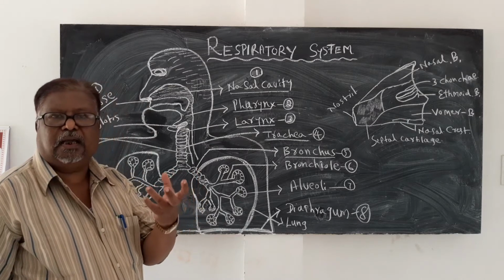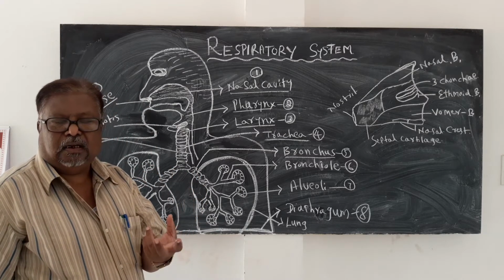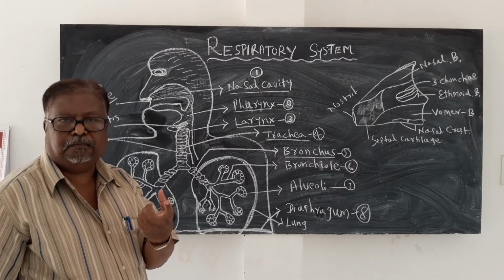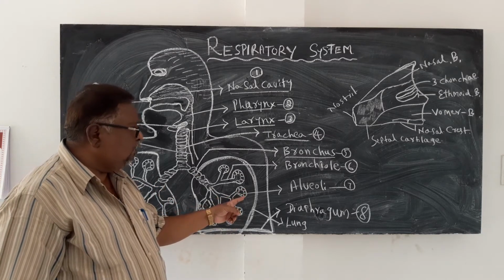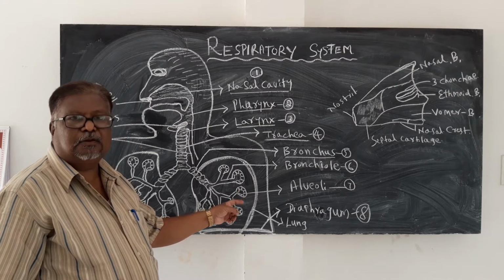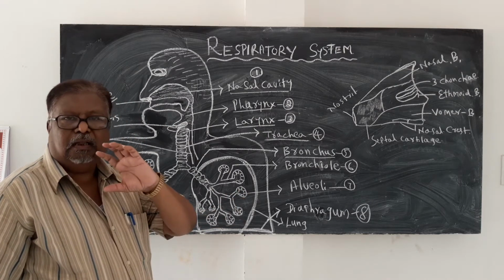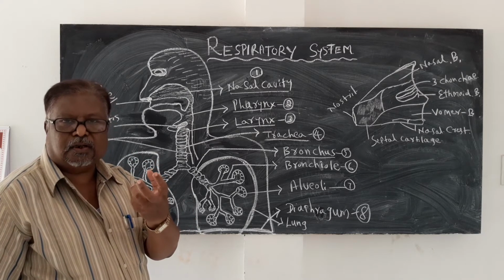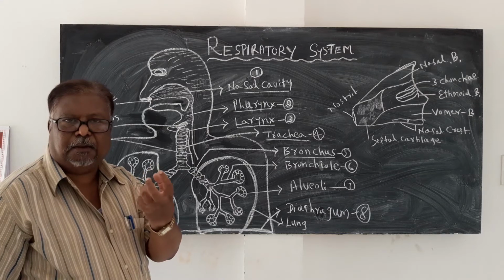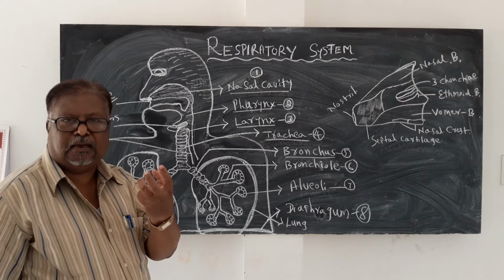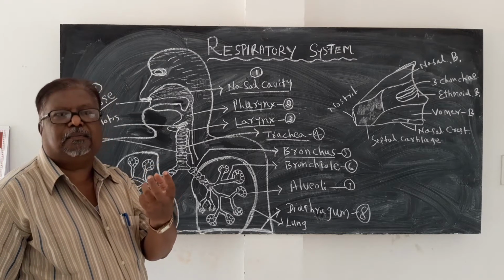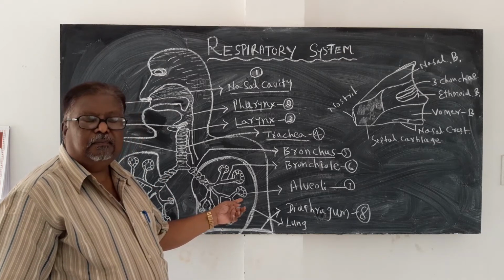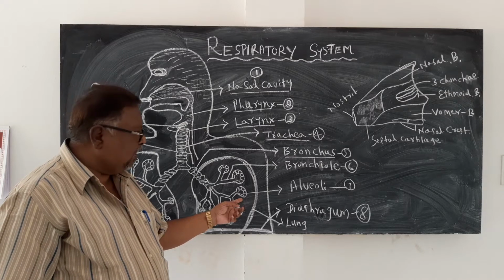Alveoli are nothing but air sacs. This is the ultimate end of the respiratory tract. In the alveoli, the gaseous exchange takes place because they are thin-walled bulb-like structures. They resemble grapes. The bunch of grapes will be like that only. So these are the alveoli wherein the gaseous exchange takes place.